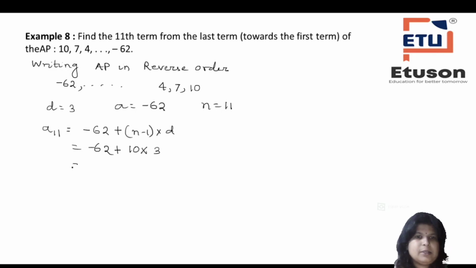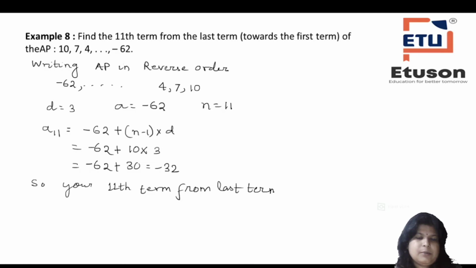It is 3. So minus 62 plus 30, that is minus 32. So your 11th term from the last term is equal to minus 32.